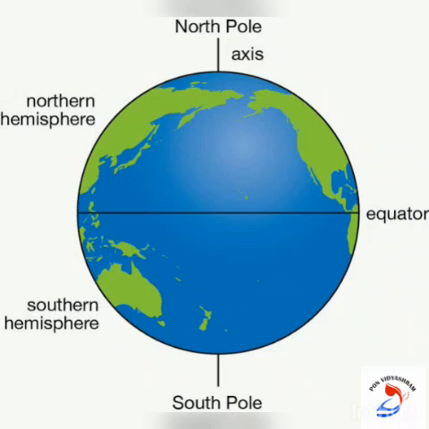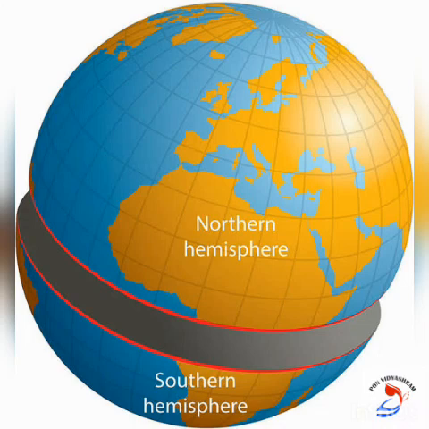To divide these parts, an imaginary line has been drawn in the center of the Earth, and it was named the equator. The northern half, that is the top part of the Earth, is known as the northern hemisphere, and the bottom part is known as the southern hemisphere. They are both equal halves.